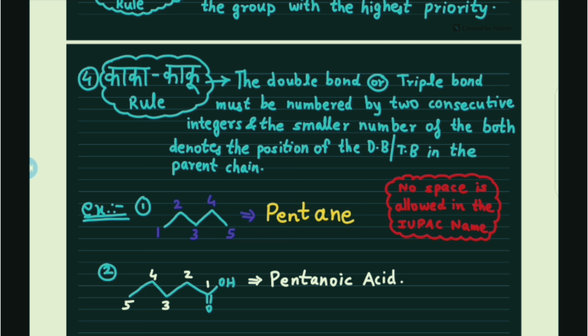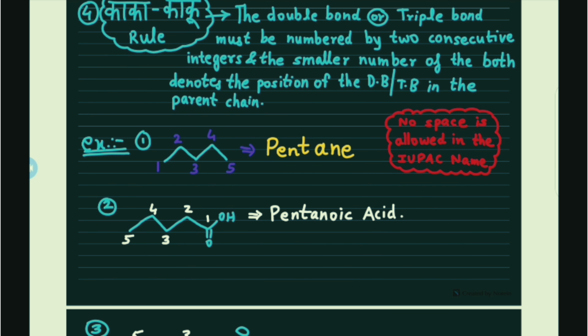You should give the smaller of the two numbers to the double bond or triple bond. One more important thing, friends: you might get a question wrong if you give space. The IUPAC nomenclature rules say that you should not give space in any word while naming an IUPAC compound.